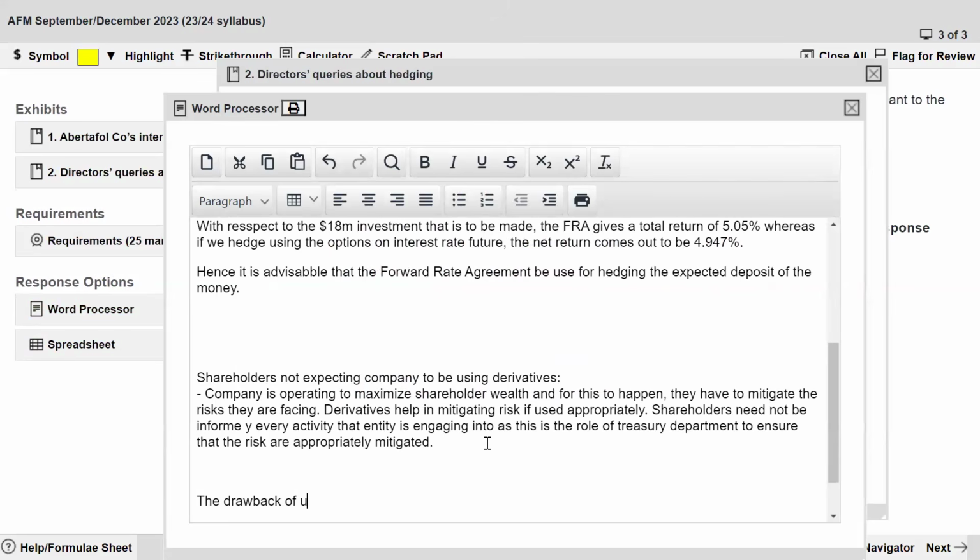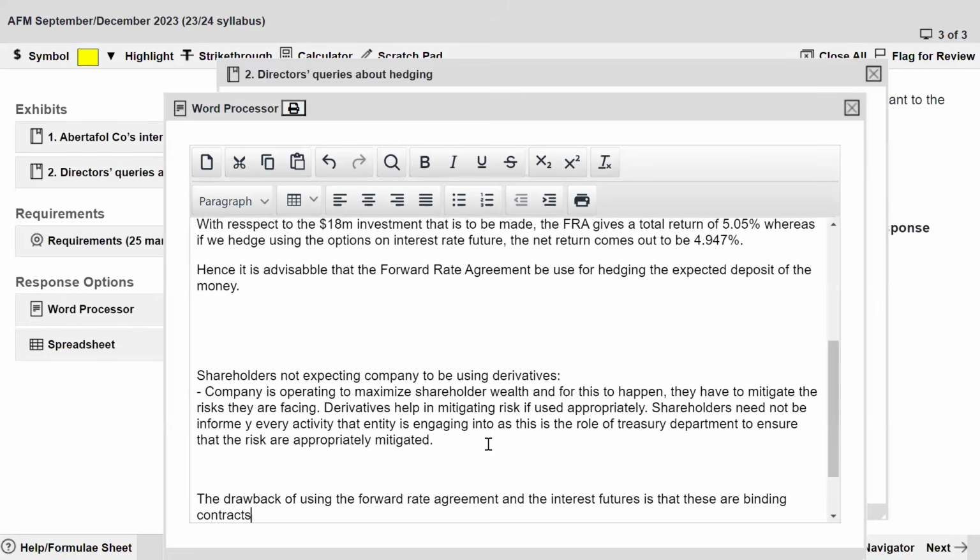The drawback of using the forward rate agreement and the interest rate futures is that these are binding contracts and need to be settled irrespective of the movement in the interest rates.